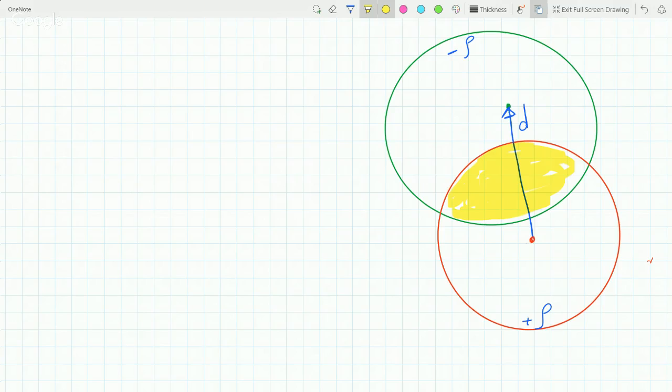From Gauss's law, we can take a Gaussian surface here, like this, with a radius r. Let's call it r1, since this is lying in the positive one.